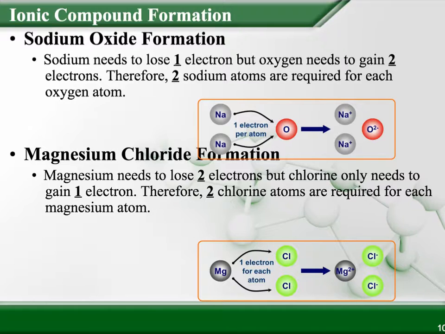So we are going to bond oxygen to 2 sodium atoms, and that will allow each of these to be stable once that process is complete. Magnesium chloride: magnesium wants to lose 2, but chlorine only wants to gain 1. So we will bond magnesium to 2 chlorine atoms so that in the end, the compound formed between all 3 atoms is stable.